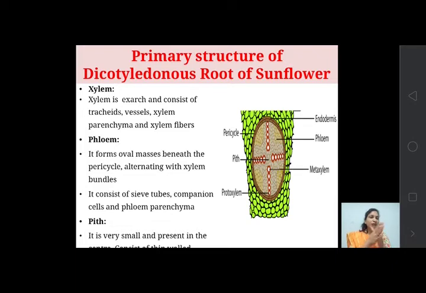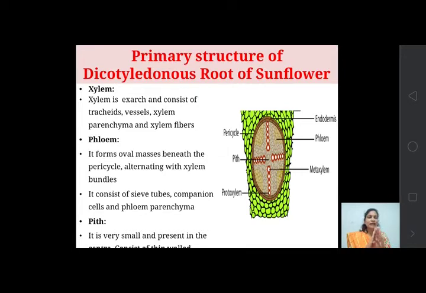Then the phloem is present alternate to the xylem, in the yellow patches you can see here. It forms oval masses beneath the pericycle, just inside the pericycle, alternating with the xylem bundles. It is a complex tissue made up of different types of cells. In the root, the phloem consists of sieve tubes, companion cells and phloem parenchyma.